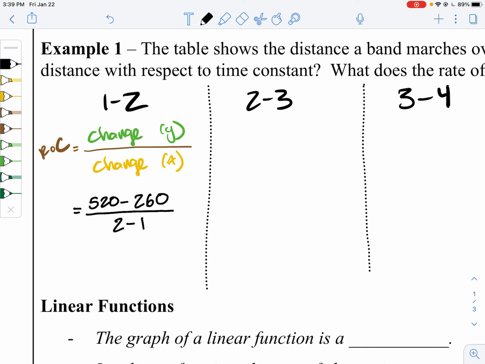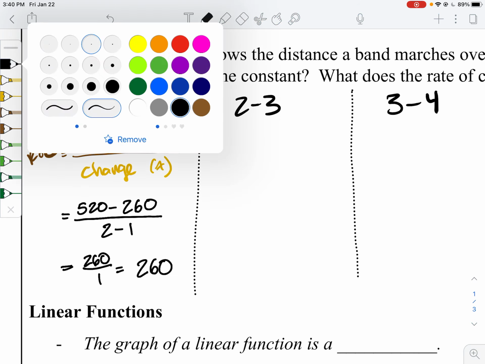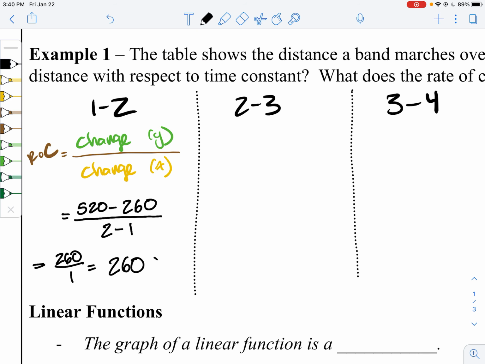So we do 520 minus 260, which is 260, divided by 2 minus 1, which is 1. So that's 260 feet per minute. By the way, I have no idea if that's fast or not. Okay, that's our answer. Let's highlight it in brown.